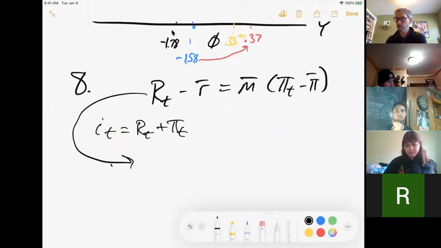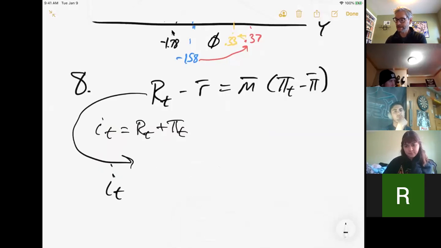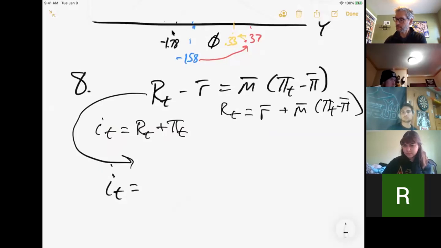So how do I turn this into a real interest rate? Well, I just note that the nominal interest rate is equal to the real interest rate plus expected inflation. What's the real interest rate? It's this, right?